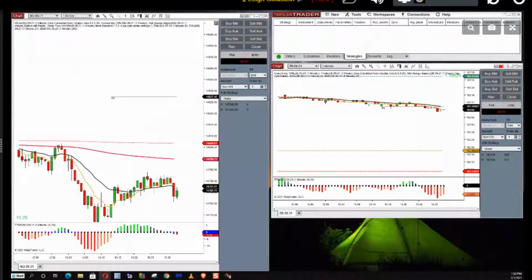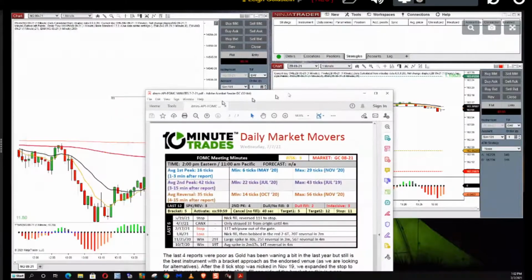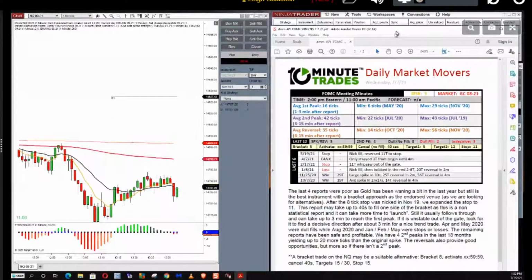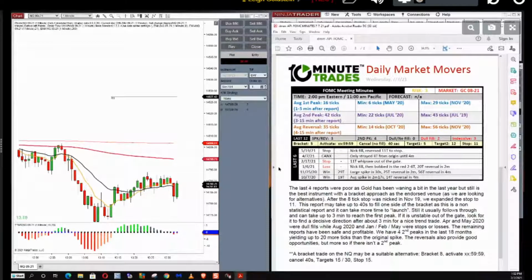I had every intention of coming here and trading this report. And then I took a look at the report. Look at this. It's a mess. It hasn't worked with gold since last year.